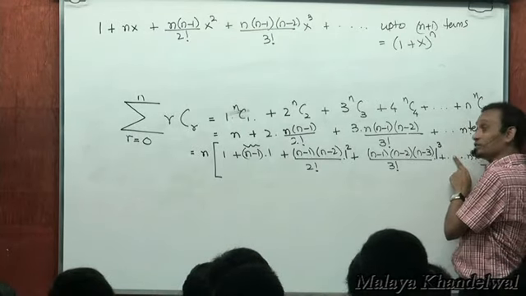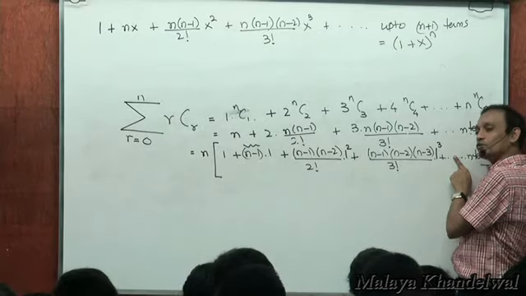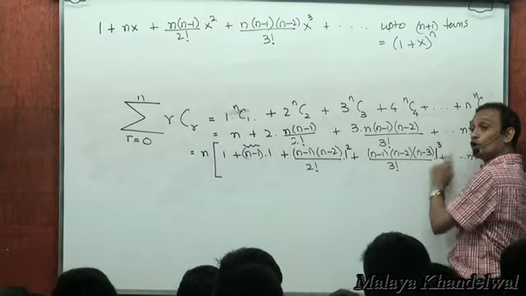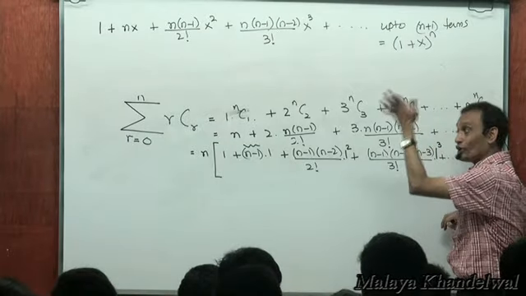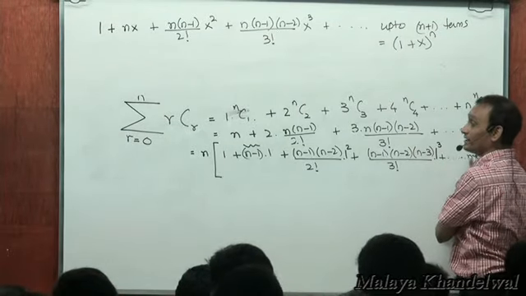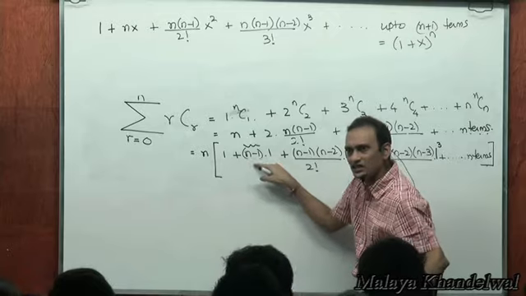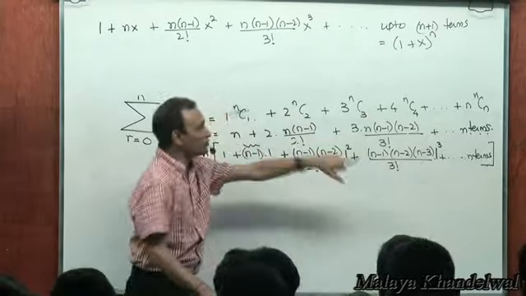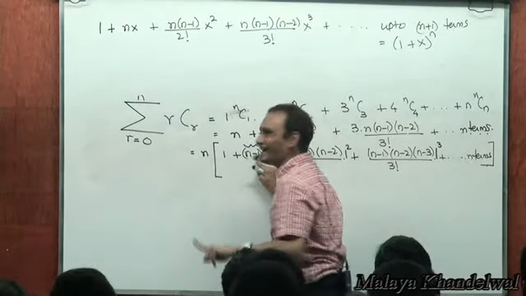Similarly, you will get n into n minus 1 into n minus 2 into n minus 3 by 4 factorial 1 to power 4, and the number of terms is n, which is 1 more than the new n. This is our n; n minus 1 is our n, yes or no?